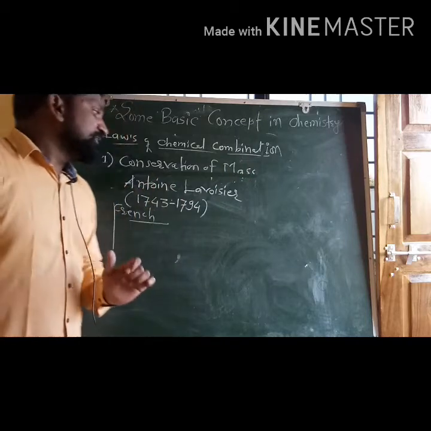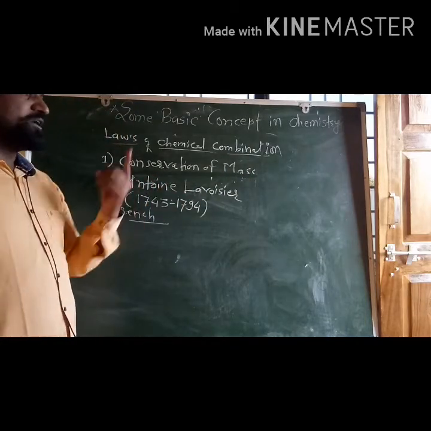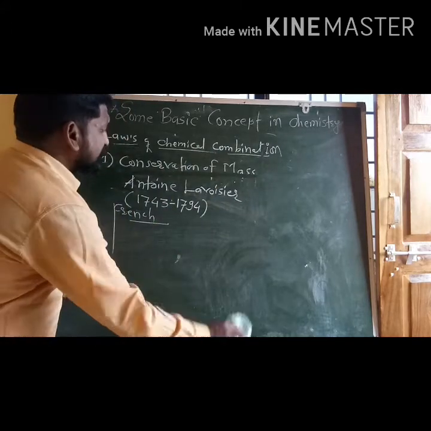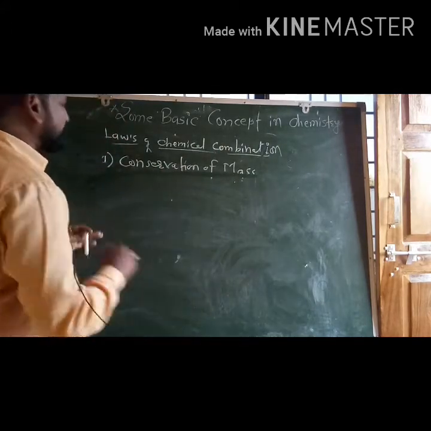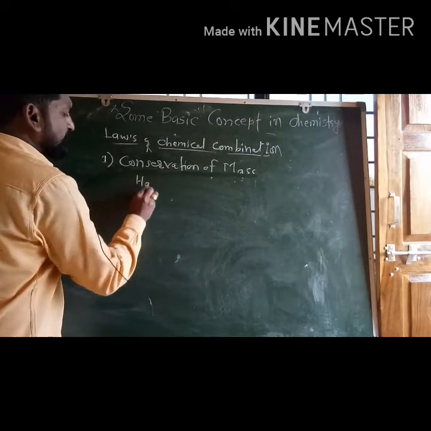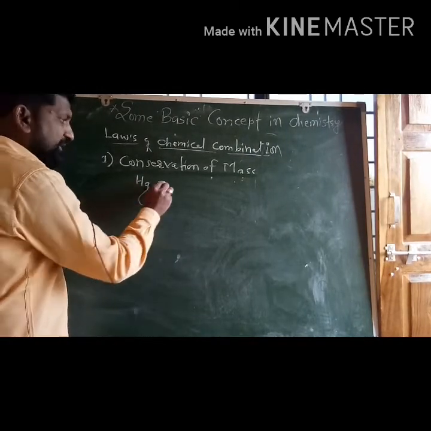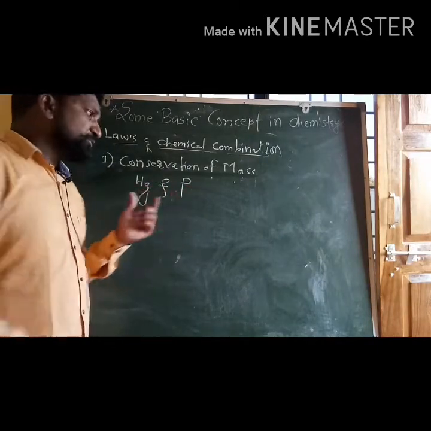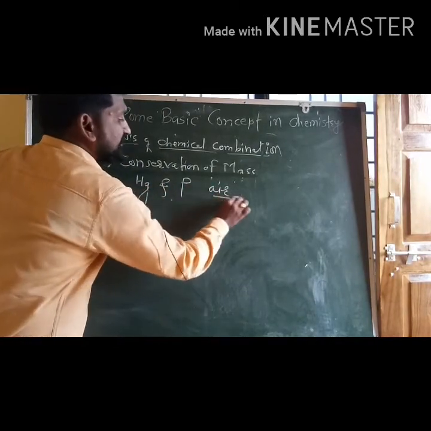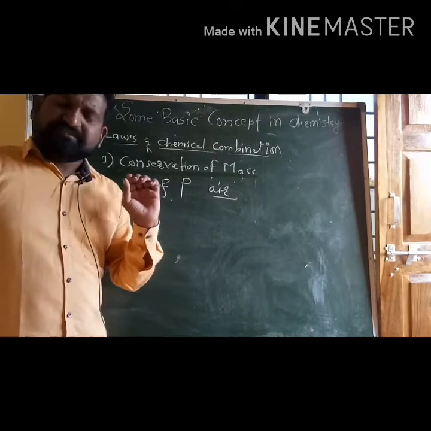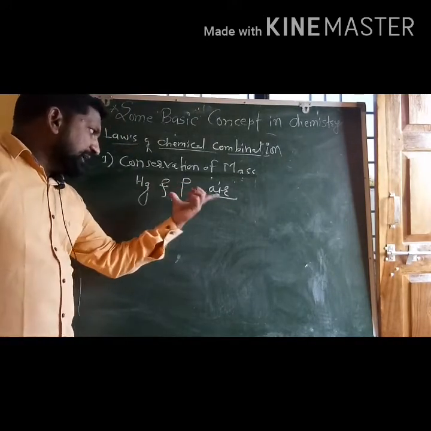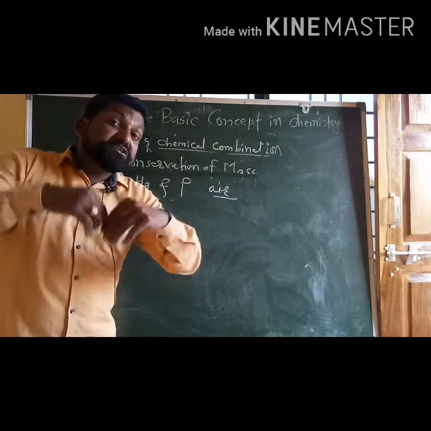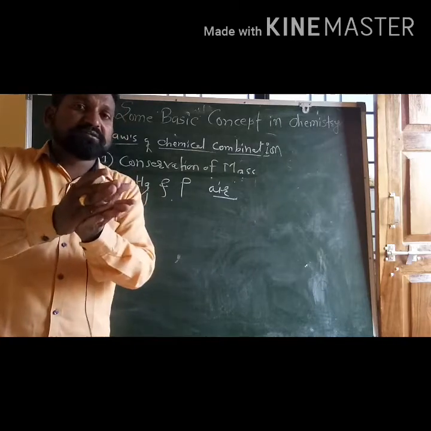Let us discuss that. Antoine Lavoisier performed a lot of reactions. For example, he had taken mercury, this is the symbol of mercury, and phosphorus. He reacted phosphorus and mercury in the presence of air. That was a combustion type of reaction. Combustion means a burning reaction.